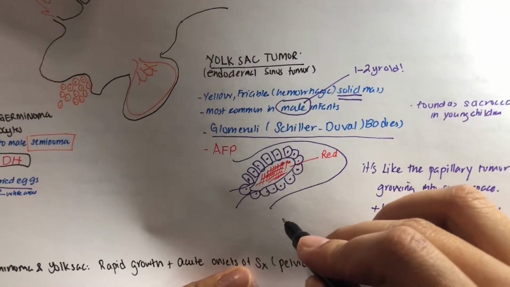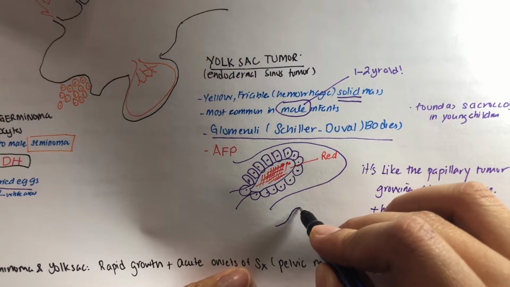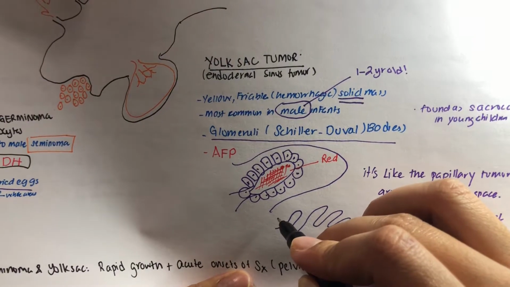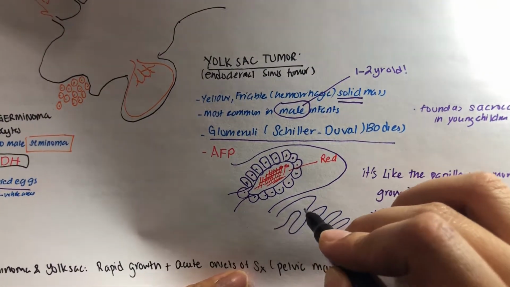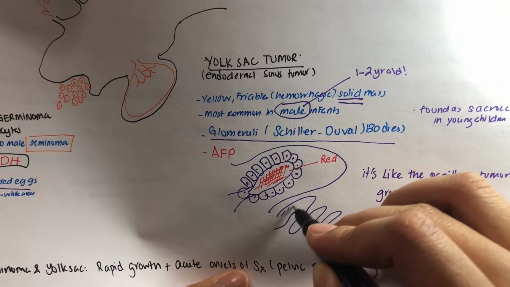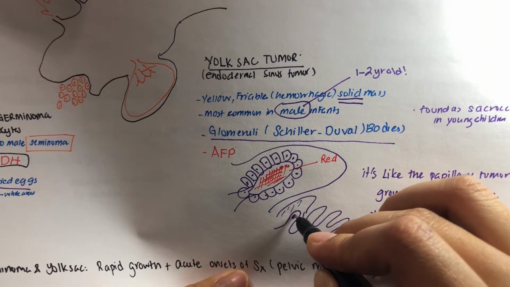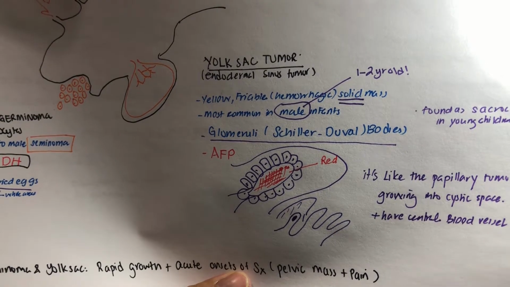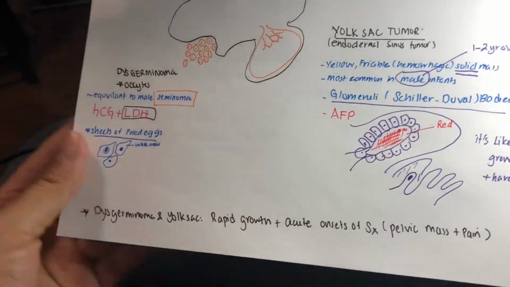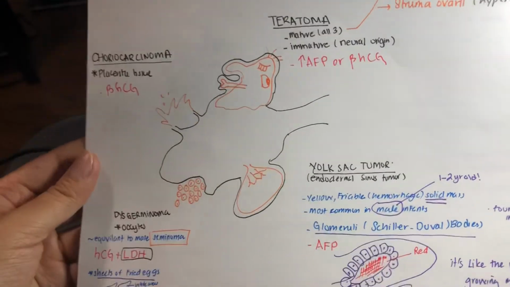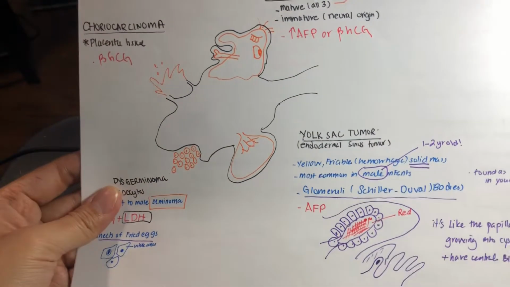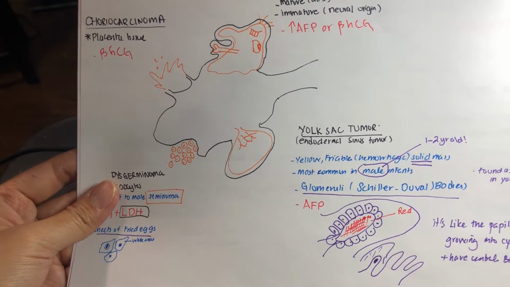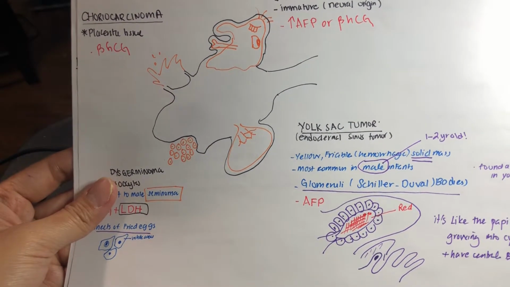So this will be a papillary extension, and then this will extend into a white mucus area, and then there will be a center red area. So that is called a Schiller-Duval body, right? And in terms of symptoms, dysgerminoma and yolk sac tumor will show up rapidly with acute onset of symptoms, which are pelvic pain and mass.